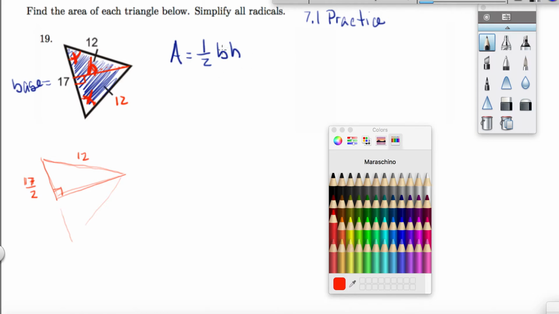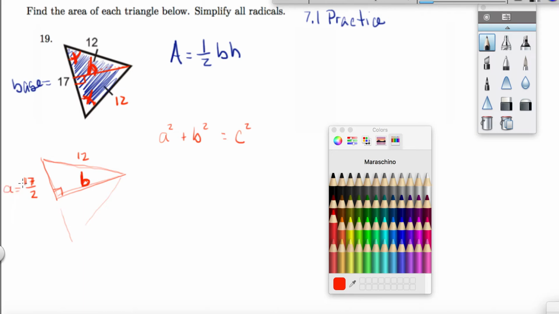Now, we need to find this height. We'll call it b for right now. The Pythagorean theorem says that a squared plus b squared equals c squared. The sum of the squares of the legs equals the square of the hypotenuse.